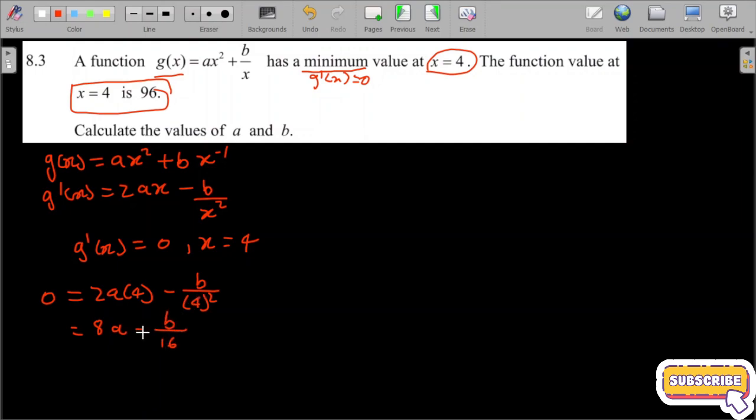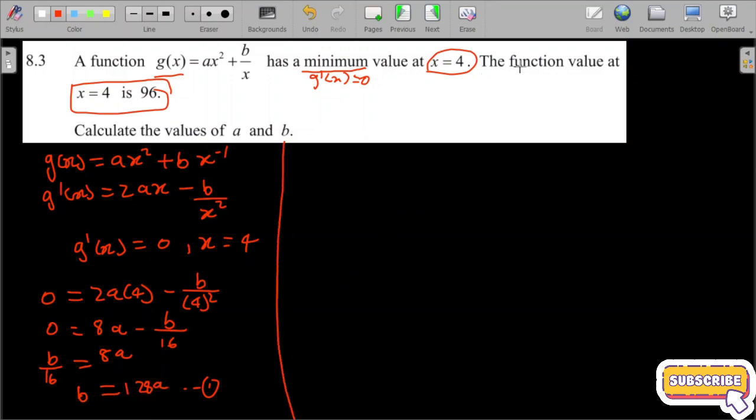Now if I take this, because it's negative, to the other side, it's 0 here, and then it's going to be positive b all over 16 is equal to 8a. So if I cross multiply here, my b is going to be equal to 16 times 8, which is going to be 128a. So this is going to be my equation number 1. b is equal to 128a.